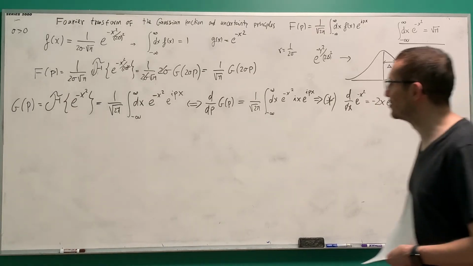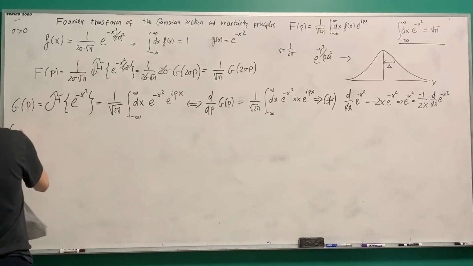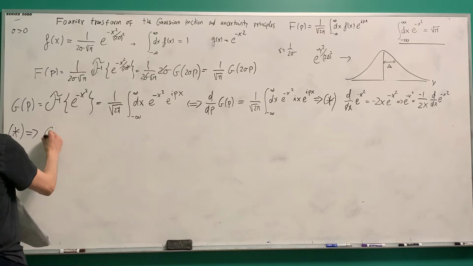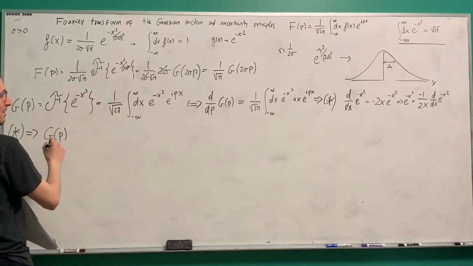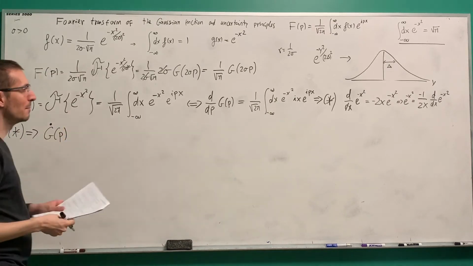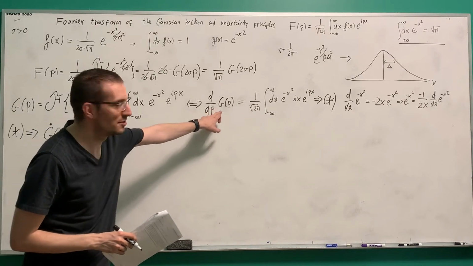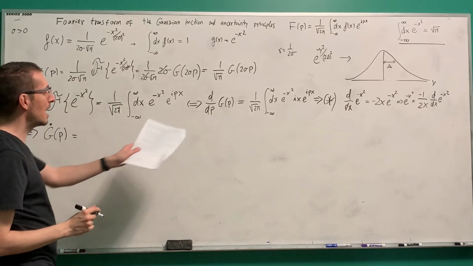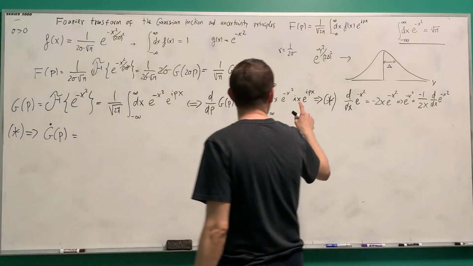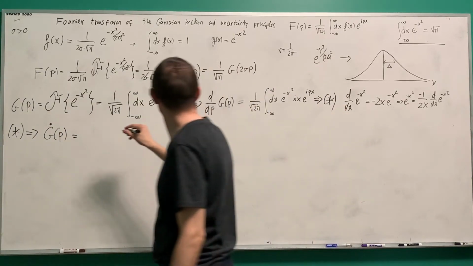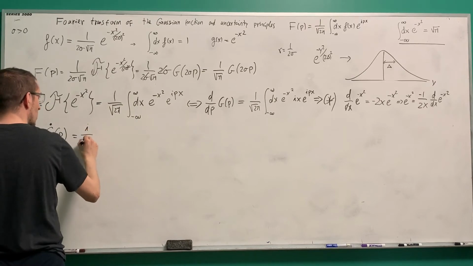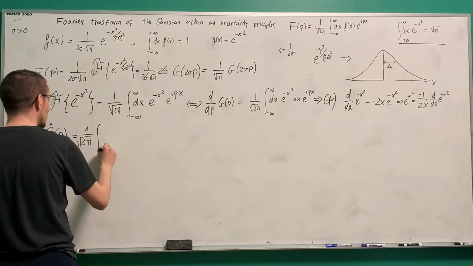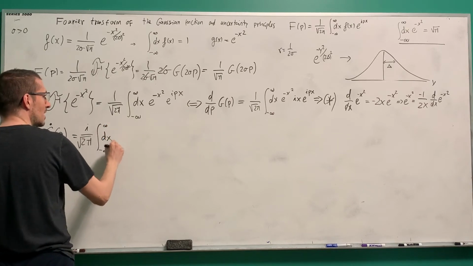Let's do that substitution at the outside of the wormhole. If we do that substitution, we get g of p on the left hand side with a dot because it's the derivative of g of p, so g dot of p is equal to, let's take the i outside, i over root 2 pi, and the integral from minus infinity to infinity dx.